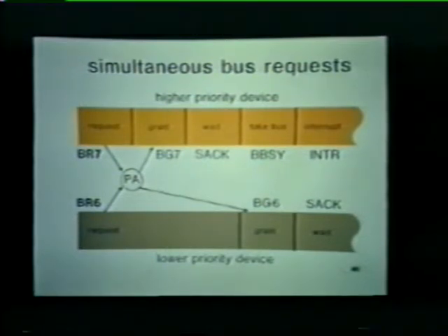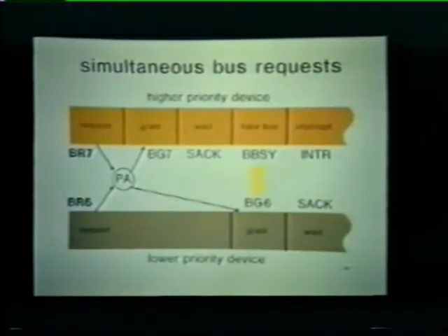The BR7 device issues SACK while waiting for the bus. As soon as the bus is free, the device asserts bus busy and drops SACK. At this instant, something happens to both devices. When the BR7 device drops SACK and asserts bus busy, the PA is again free to act as an umpire. As a result, the BR6 device has its request granted. It then asserts SACK and waits for the bus while the BR7 device is using the bus to issue an interrupt.